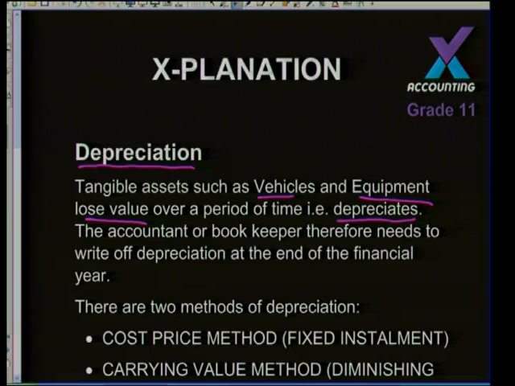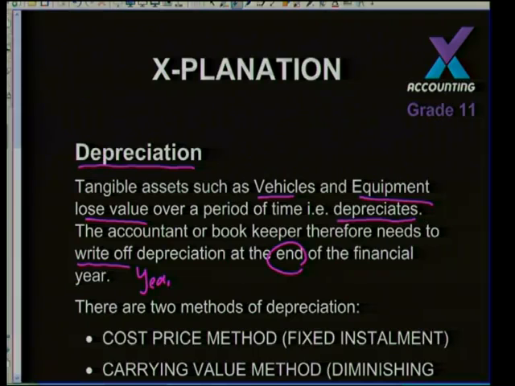The accountant or bookkeeper therefore needs to write off depreciation at the end of the financial year, in order to show these assets at their correct value. In other words, depreciation is a year-end adjustment.